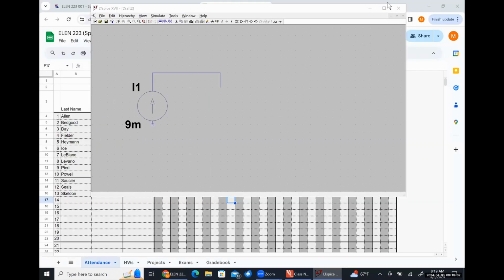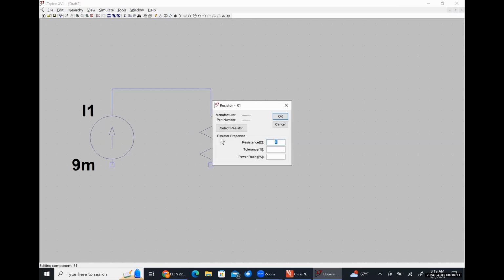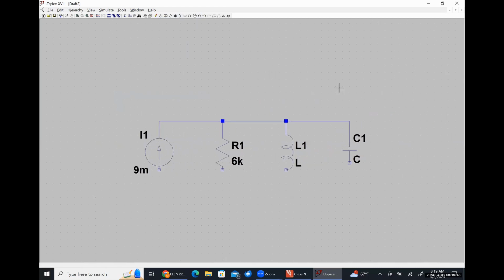LTSpice and the Zoom window thingy are not going to play well, so I'm going to pre-apologize for that and just move it down here out of the way. 6K. Up here is my switch, which is just a short. Then I have, I think, my inductor. Then I have my capacitor, smaller.